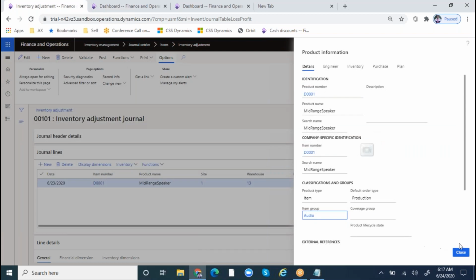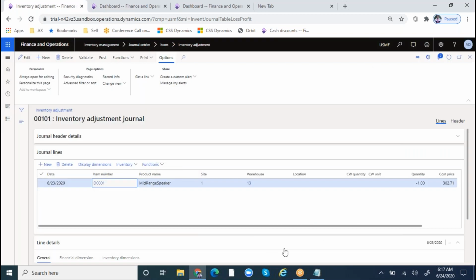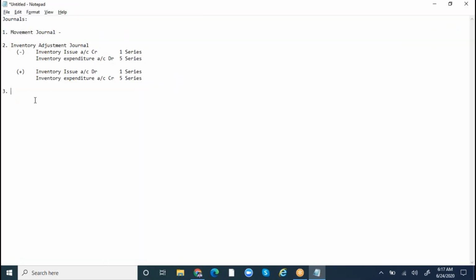Okay, fine. Now the third one is the transfer journal. This transfer journal is transferring between any inventory dimension to any inventory dimension.